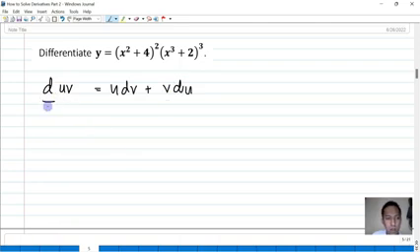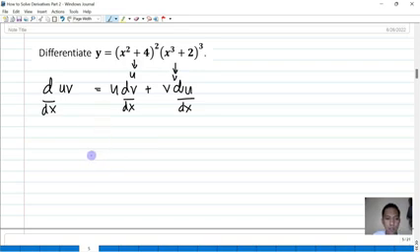So those are all with respect to your independent variable. So kahit anong variable, guys, dito yung representation natin, x siya. So sa problem natin, x talaga yung ating independent variable. So we have here the derivative of u v with respect to x. So dito, ito yung magiging u natin. So this is u and this is v.